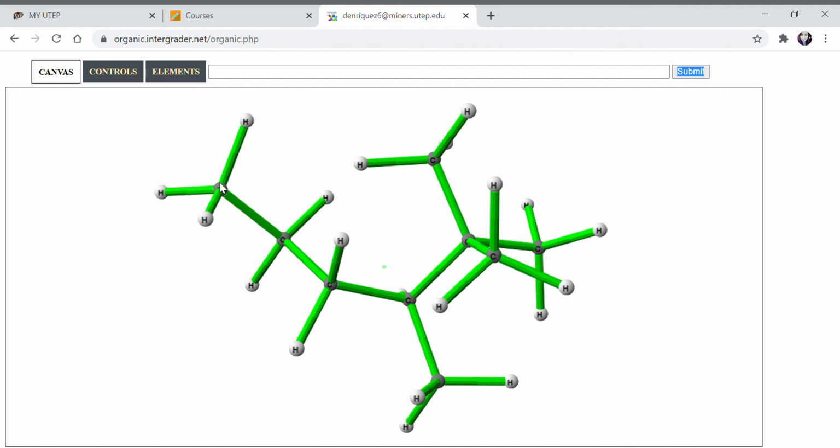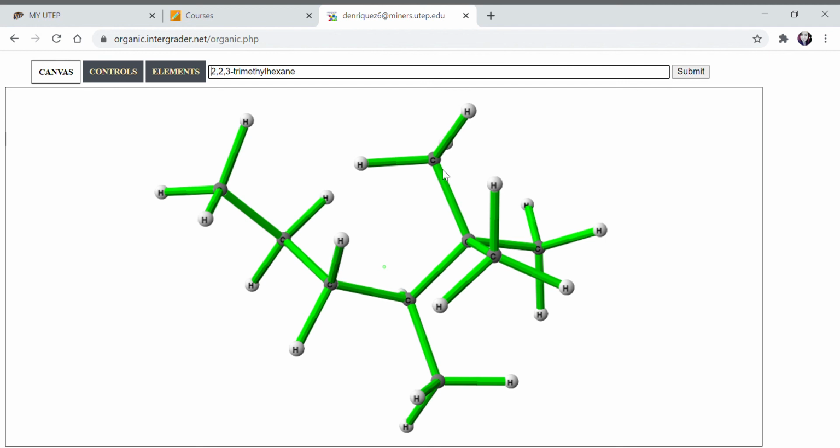Let's do the counting. 1, 2, 3, 4, 5, 6. Let's do hexane. We've got 3 methyls. So I'm going to start here. We've got 2 methyls at the 2 position, so 2, 2. And then a methyl at the 3 position. Oops. Make sure to put commas. That would be trimethylhexane.